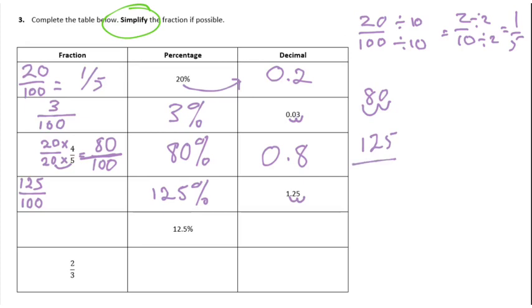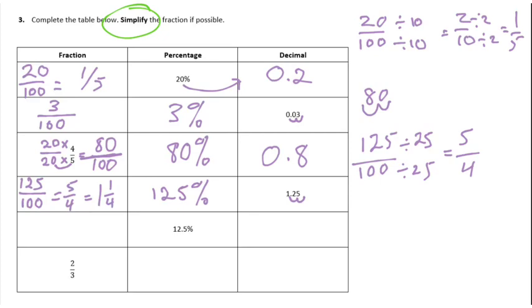So 125 over 100. Let's divide top and bottom by 25 actually. 125 divided by 25 is 5, and 100 divided by 25 is 4. So we could leave this as 5 over 4, or you could do it as 1 1/4. I would accept either of those.